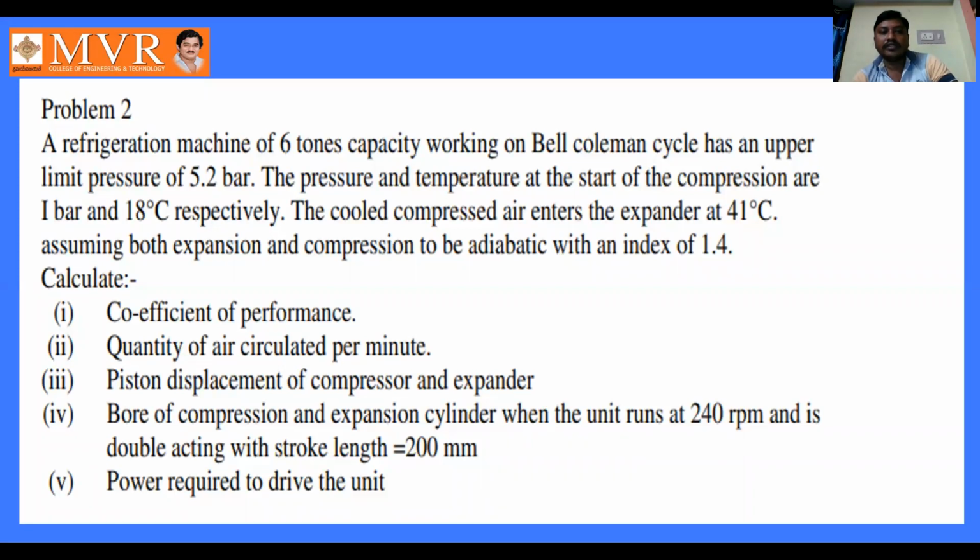By using these pressure limits and temperatures, we need to calculate the coefficient of performance, the quantity of air circulated per minute, meaning the quantity of air circulated into the system per minute, and the piston displacement of the compressor and expander, meaning the piston movement in the compressor as well as in the expander, and the bores of the compression and expansion cylinders when the unit runs at 240 rpm, double acting, with stroke length given as 200 mm, and we need to find the power required to drive the unit.